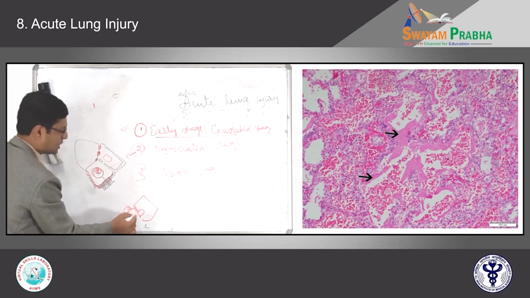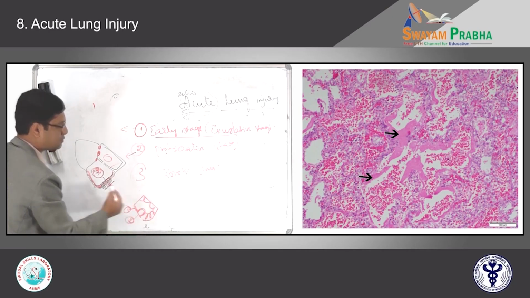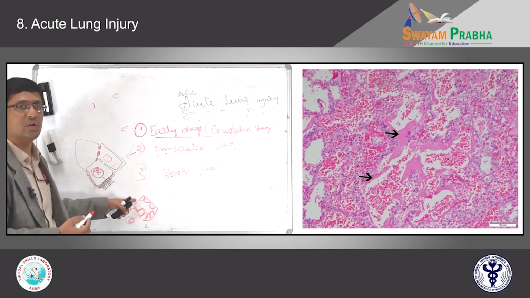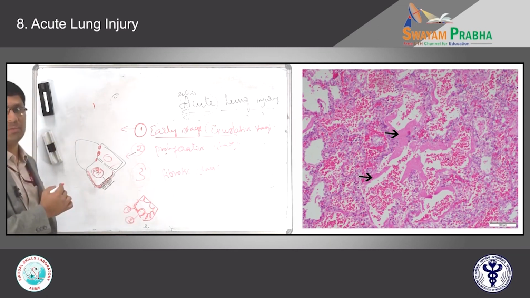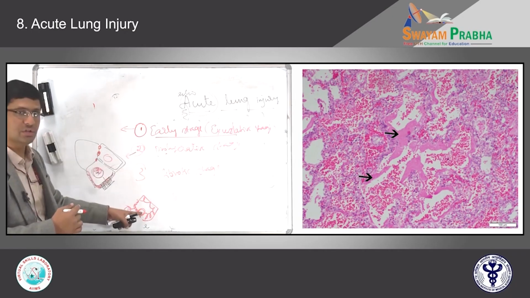When there is damage, these cells will start proliferating and form the epithelial layer in the alveolar lumen. Later on, these cells will differentiate into type 1 alveolar epithelial cells, when it heals completely. But in the proliferative stage, there will be proliferation of these type 2 alveolocytes.